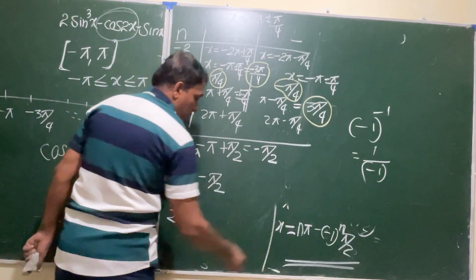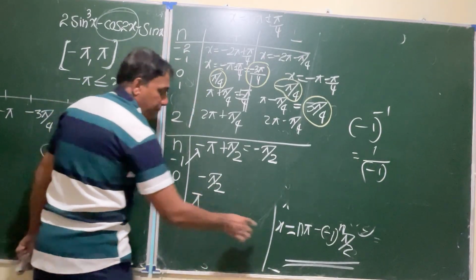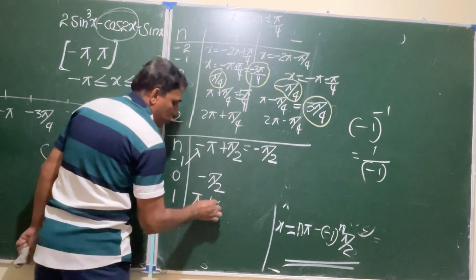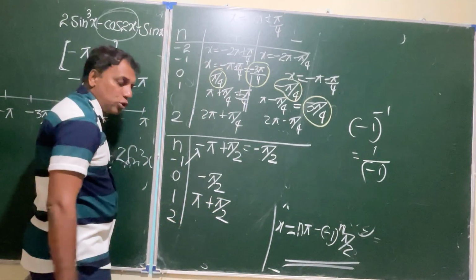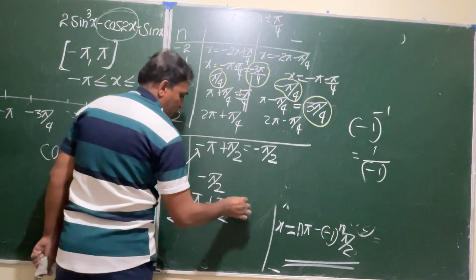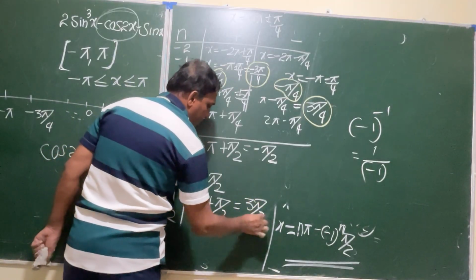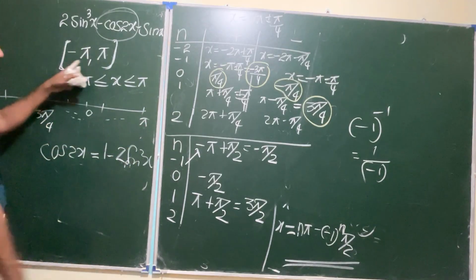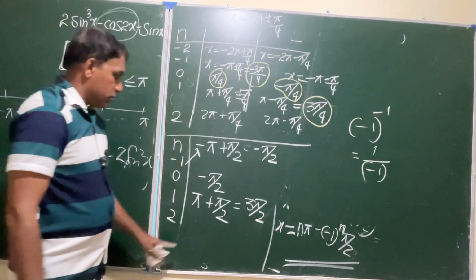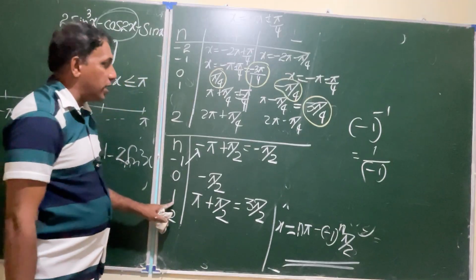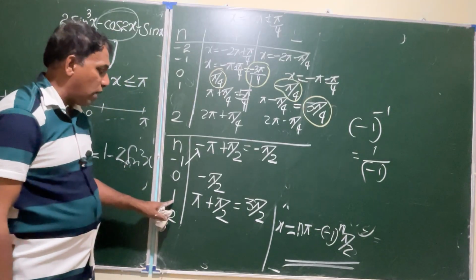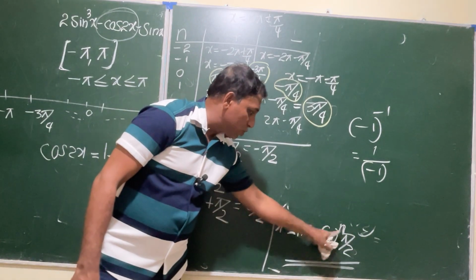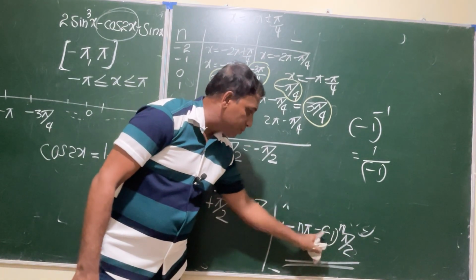If n is 1, 1 pi, and minus 1 to the power 1 is minus, so we get 3 pi by 2, no chance, because the solution must be between minus pi and plus pi.